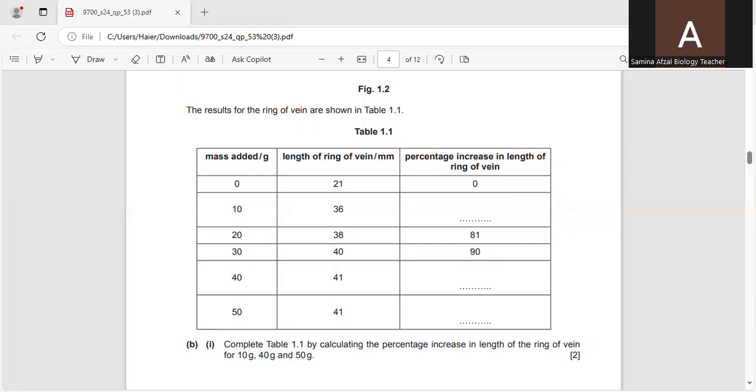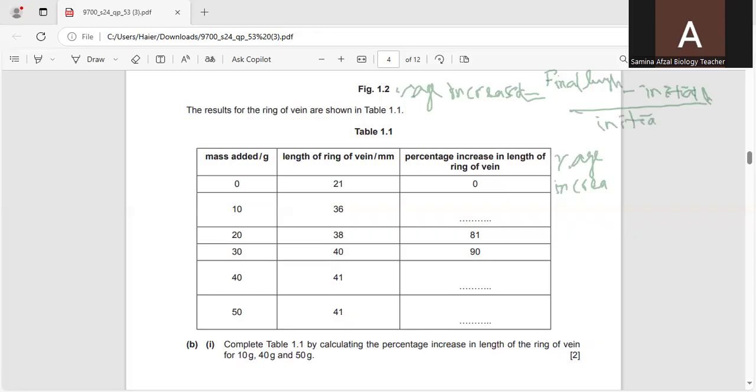The formula can be used as: percentage increase is equal to final length minus initial length over initial length into 100. So by using this formula, we can calculate this value.